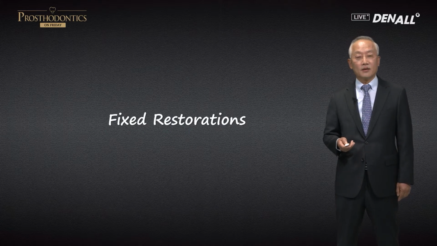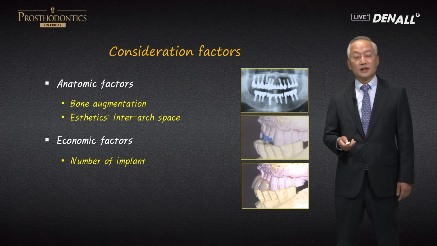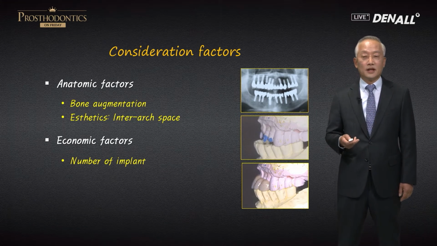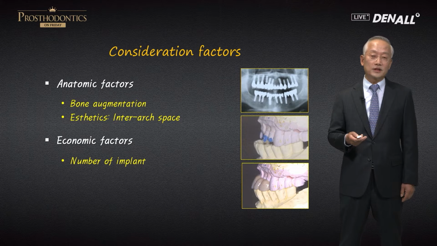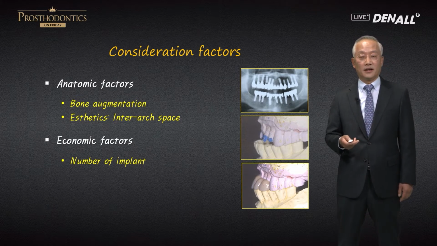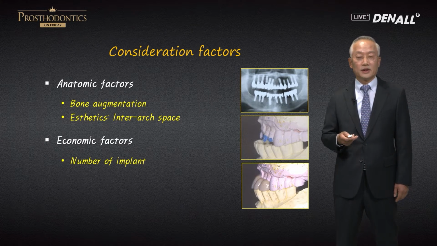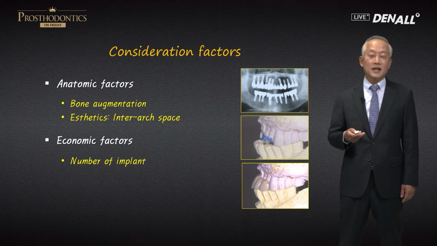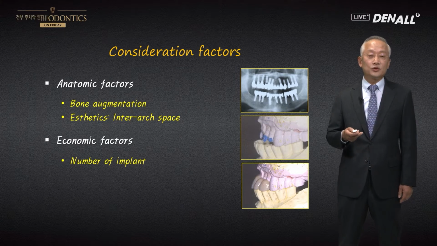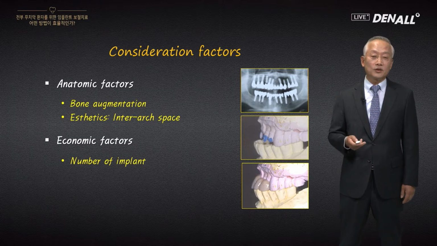This is what patients want most, a fixed restoration. You need to provide treatment in the same way as crown and bridges, and one of the most important things to consider is the anatomical structure of the patient. In other words, the residual alveolar bone.